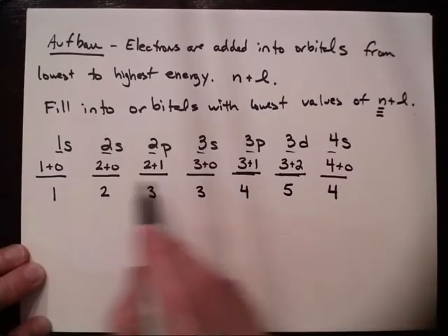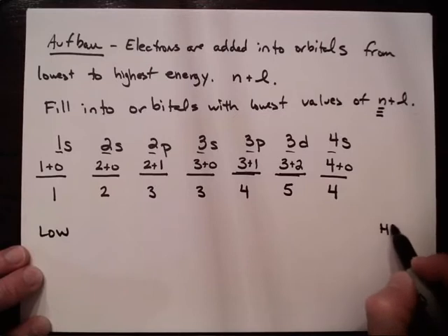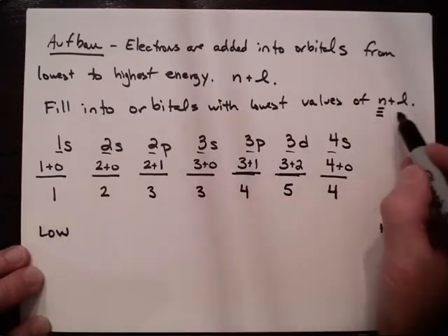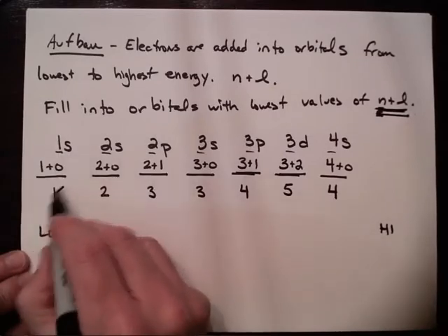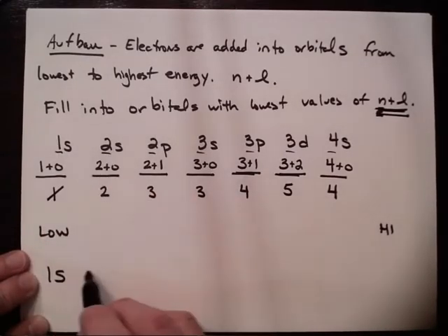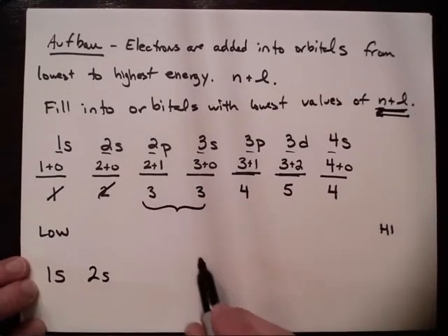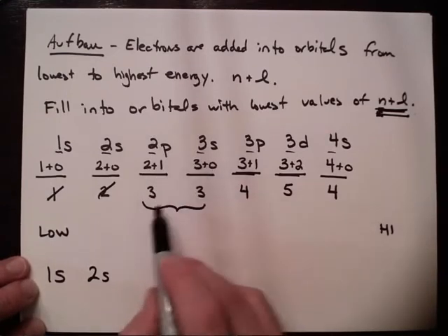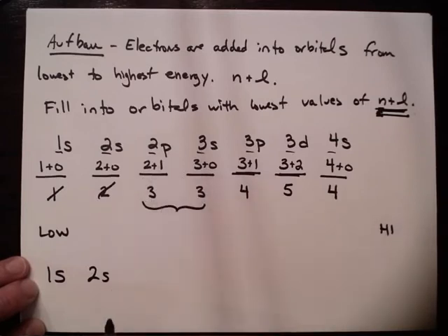So if I were to arrange these in order from lowest energy to highest energy in terms of N plus L, well, 1s is going to be first because that's the lowest value, and then 2s would be second. And now here we have a tie. We have a 2p orbital and a 3s orbital, whose sums of N plus L are both 3.